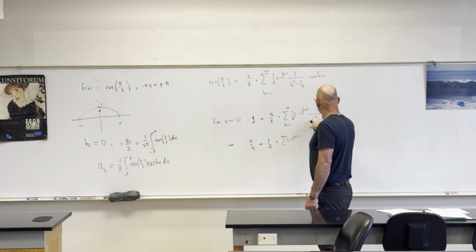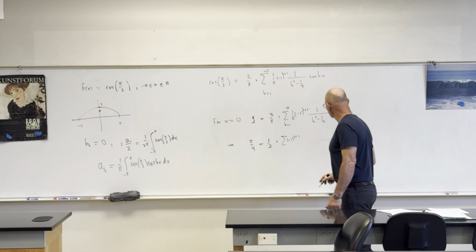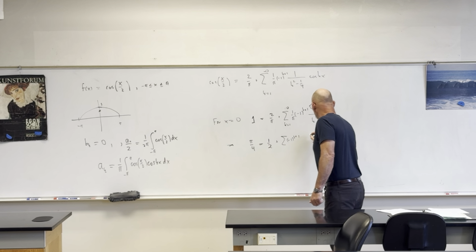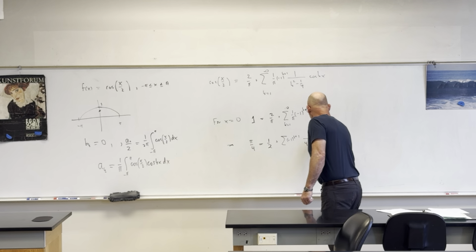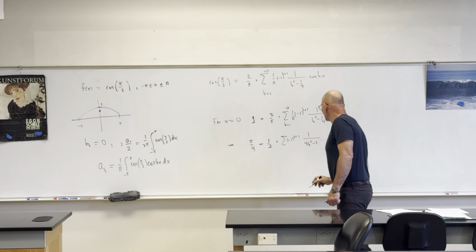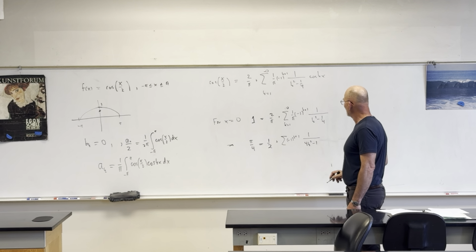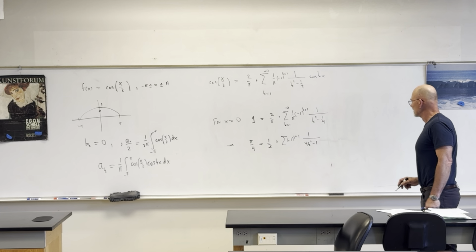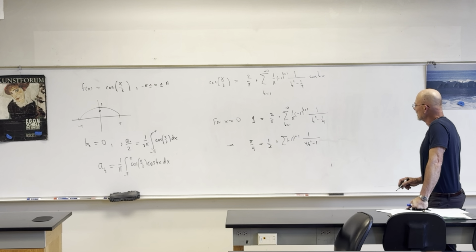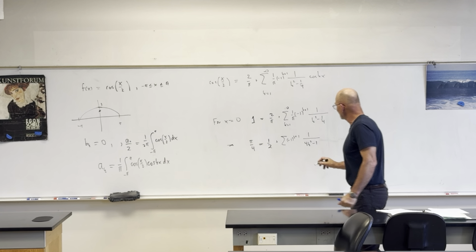Then we can write 4, that's going to be k plus 1 over 4 k squared minus 1, with k equals 1 to infinity.